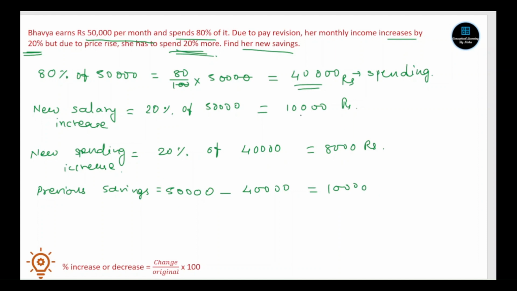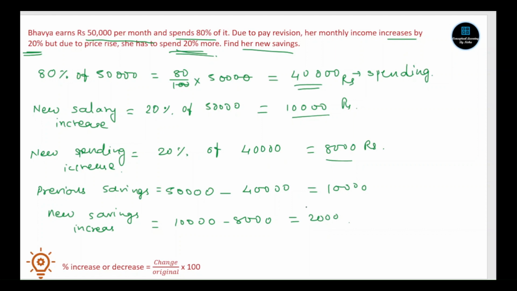So her salary increased by 10,000 and her expenditure increased by 8,000. So the new savings increase is equal to 10,000 minus 8,000, which is equal to 2,000.